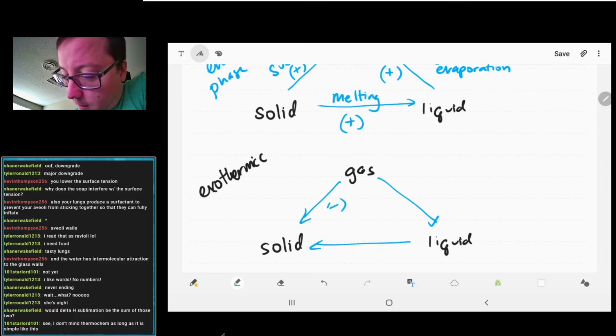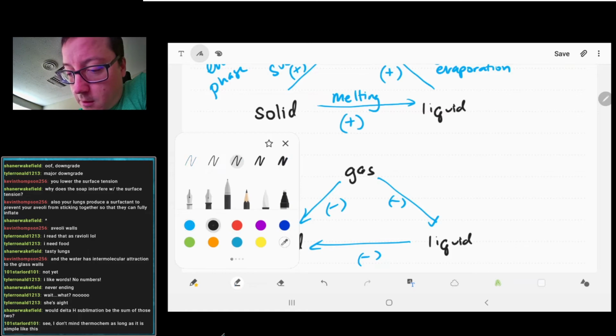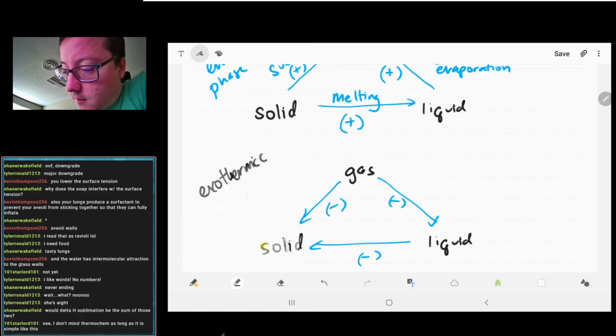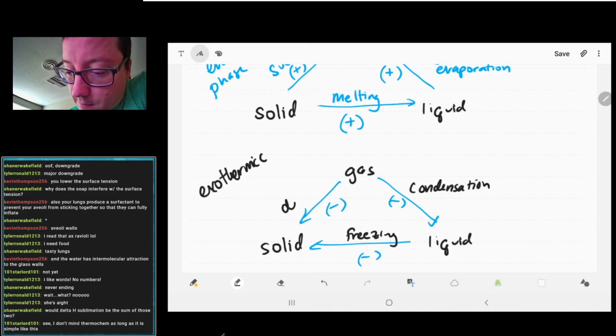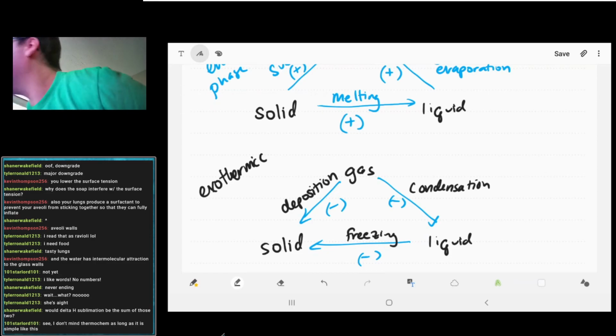So all these are exothermic, meaning delta H will be negative. The words for these are condensation, freezing, and deposition. So I guess we're still doing vocabulary, but with a few delta H's thrown in.